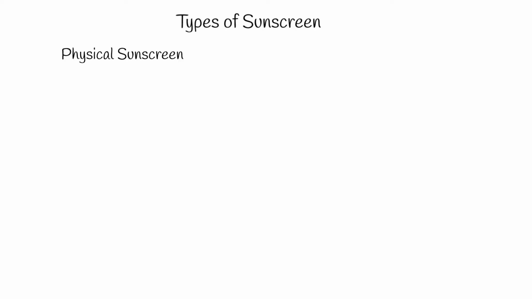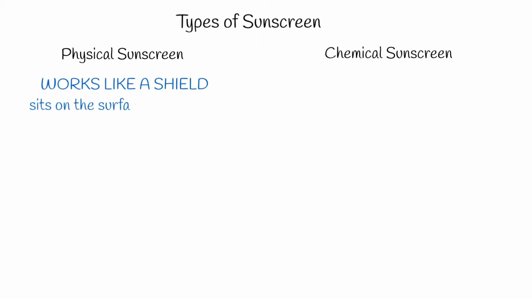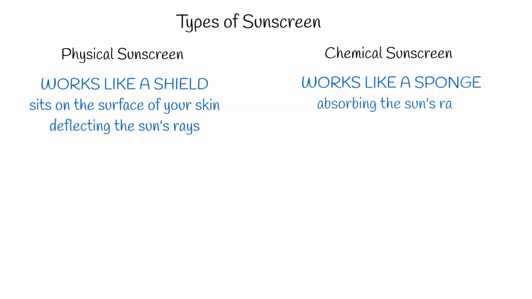Types of sunscreen. There are two types of sunscreen in the market, namely physical sunscreen and chemical sunscreen. The physical sunscreen works like a shield. It sits on the surface of your skin, deflecting the sun's rays. The chemical sunscreen works like a sponge, absorbing the sun's rays. Examples of physical sunscreen are zinc oxide and titanium dioxide.